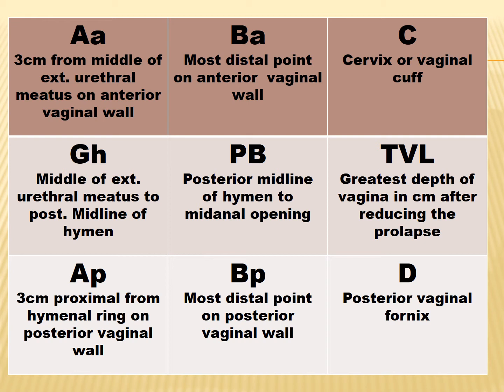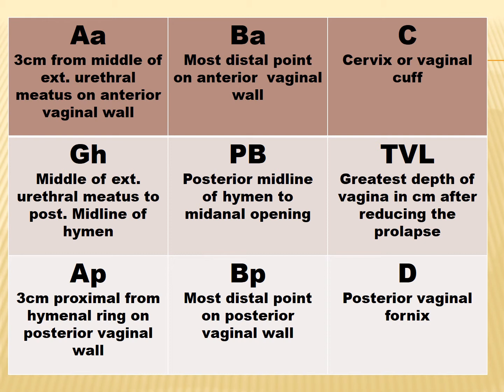So that point is AA. Actually it is fixed and the range is minus 3 centimeters to plus 3 centimeters. Now the question comes, why is it fixed? Why is it fixed and why is it 3 centimeters? I'll explain that in my next slide.